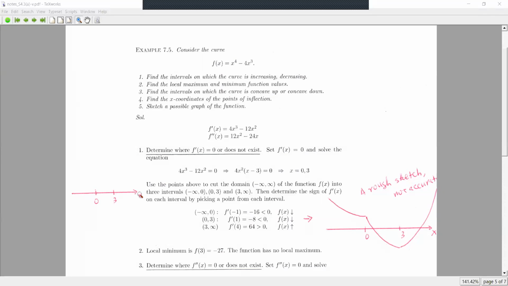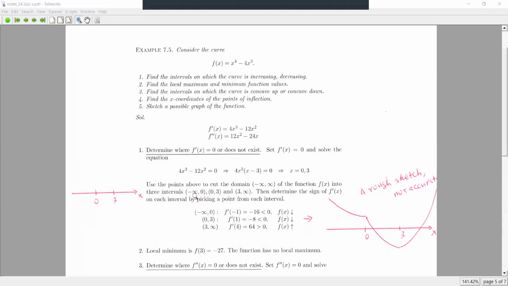A number line is any number from negative infinity to positive infinity. Now I use these 2 points to cut the number line. Then we have 3 subintervals: negative infinity to 0, 0 to 3, and then 3 to infinity.